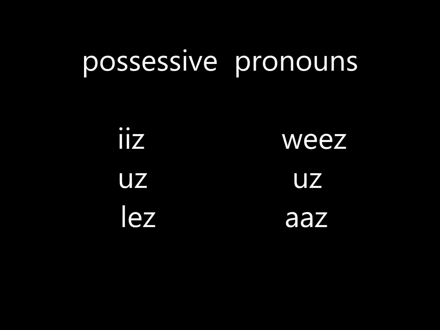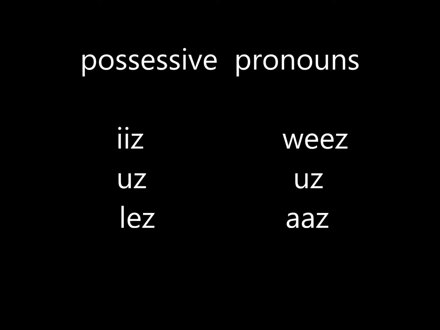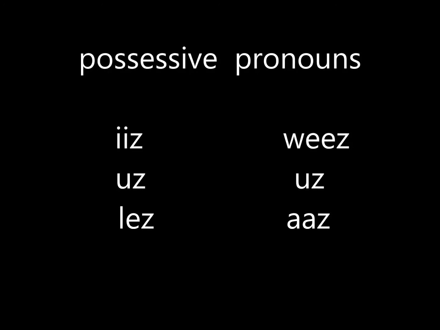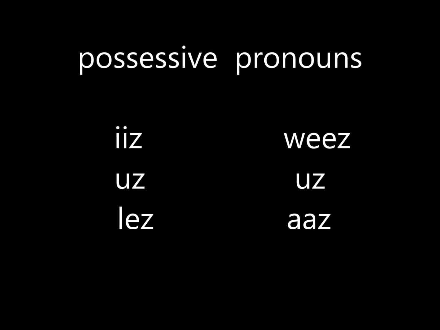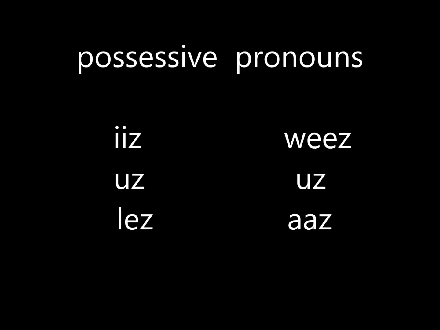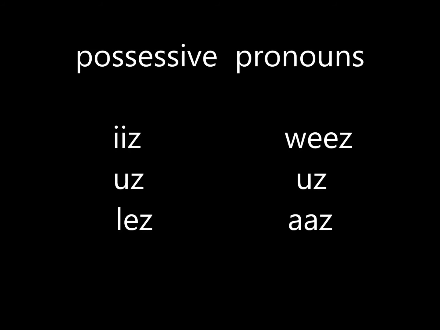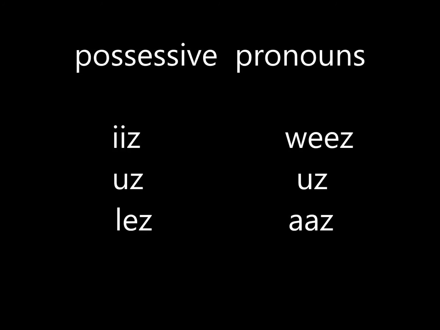For the third person singular, instead of the English words his, hers, its, and the Spanish words él, ella, sus, in Engspan, the third person singular is les. The third person plural, instead of the English words their or theirs, or the Spanish word suyos, would be a's.